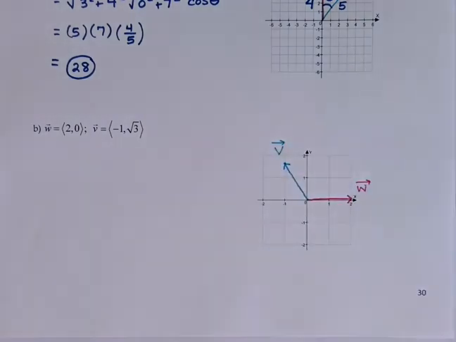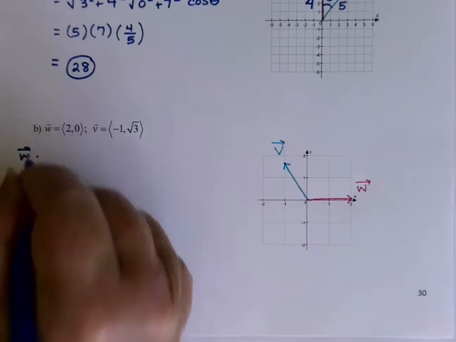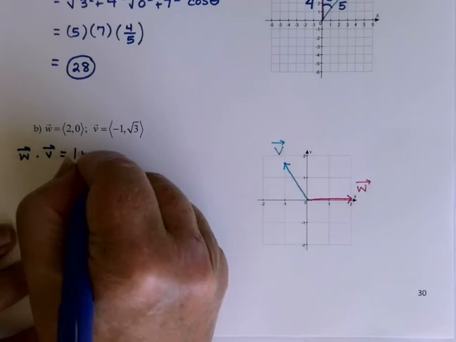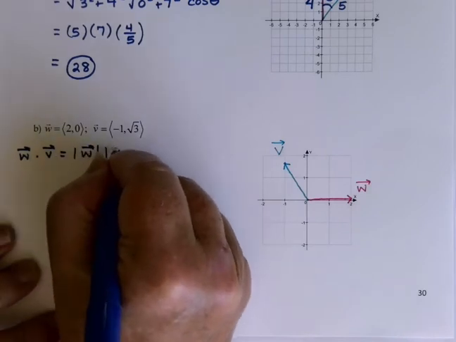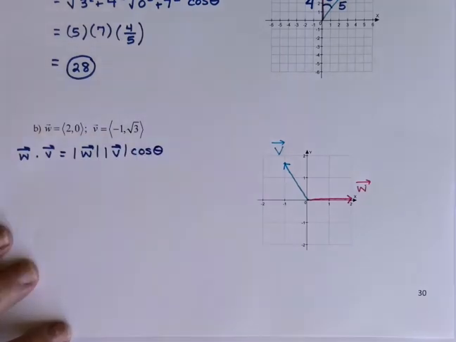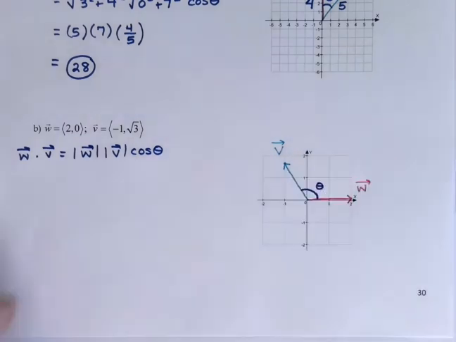There's V. So once again, to get the dot product, W dot V, I'd have the magnitude of W times the magnitude of V times the cosine of theta, where theta is this angle between them.